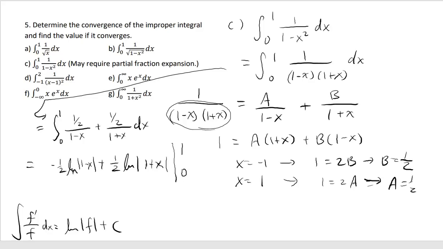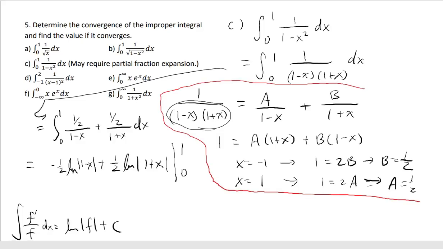Once again, the problematic point: 0 is okay. If you plug in 0, there's no problem. The denominator becomes 0 when x is either 1 or -1, and -1 is not part of this interval, so we don't care about -1.